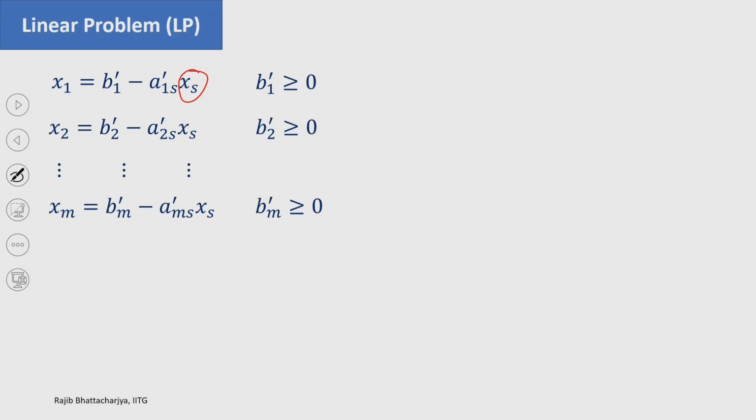From the first equation, I can write x 1 equal to b 1 dash minus a 1 s dash x s. Here b 1 dash is positive, because it has to be a feasible solution, and b 2 up to b m dash are positive. Similarly, from x 2 and from x m I can write it like this.